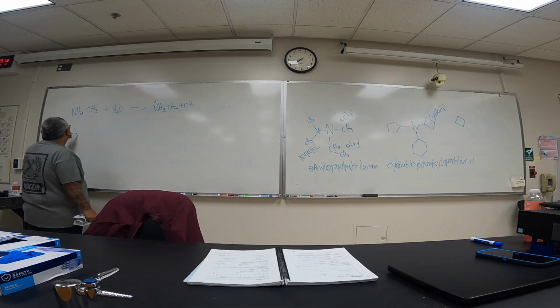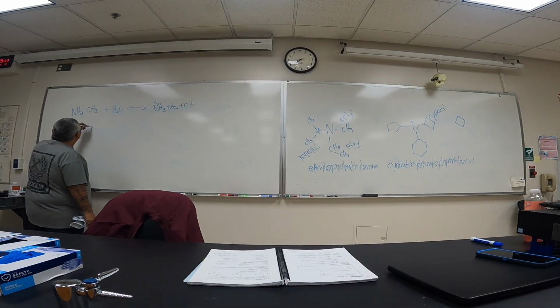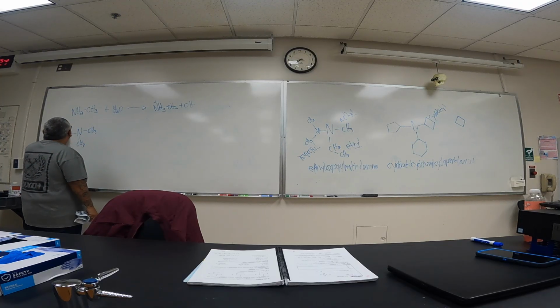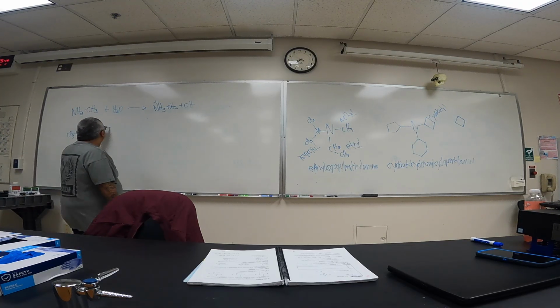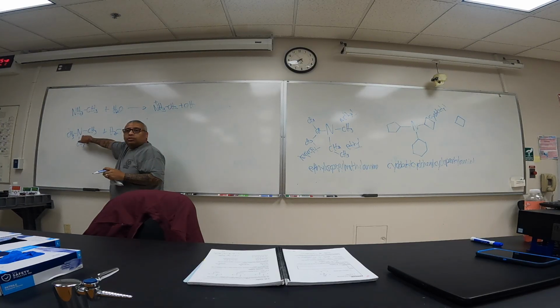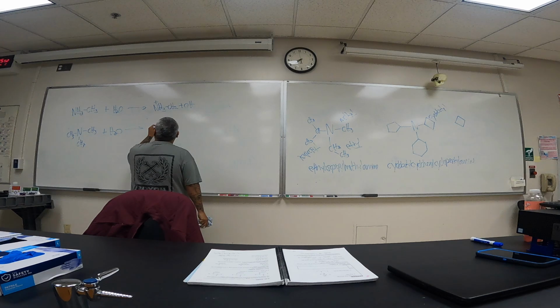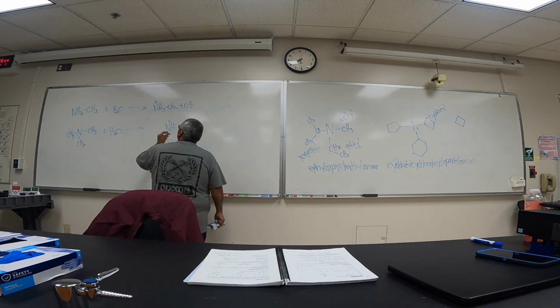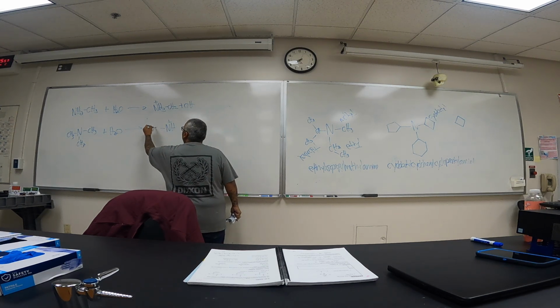Let's use one that's, let's see, how about, the nitrogen, it's going to accept what? The hydrogen. So we're going to write it as NH plus, and we're just going to add the branches.